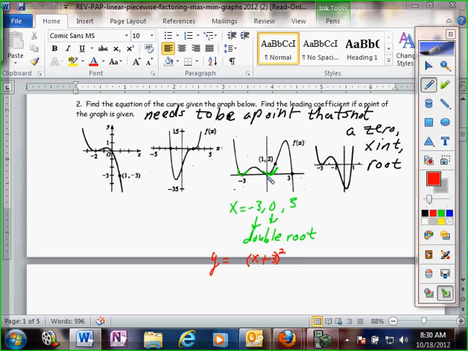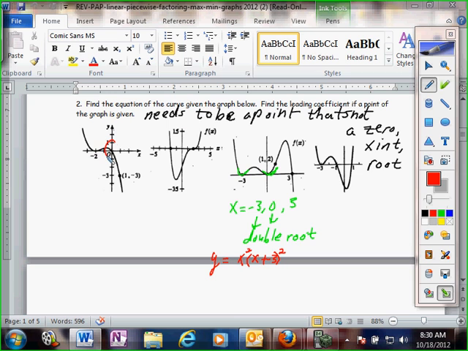Then you have this double root at x equals 0. That is just written as x squared. Okay? So really quick, kind of bouncing back and forth here. This is a double root at x equals 0, so it's x squared. No plus or minus in parentheses with it because it's not shifted left or right. It's right there at x equals 0.